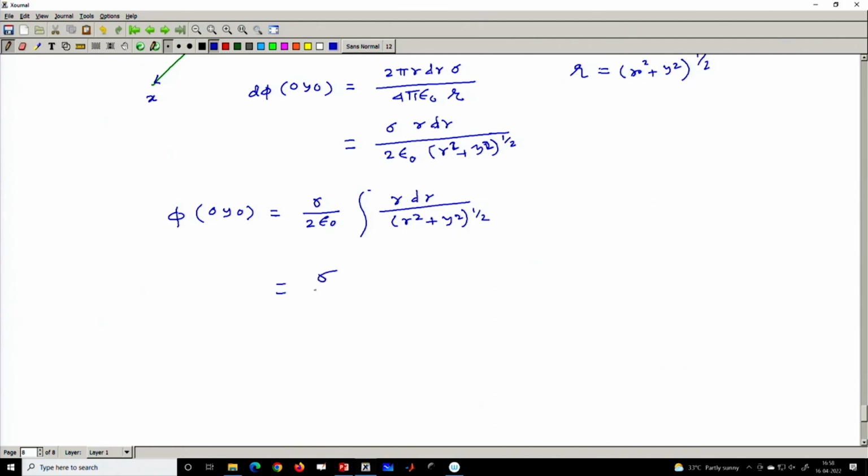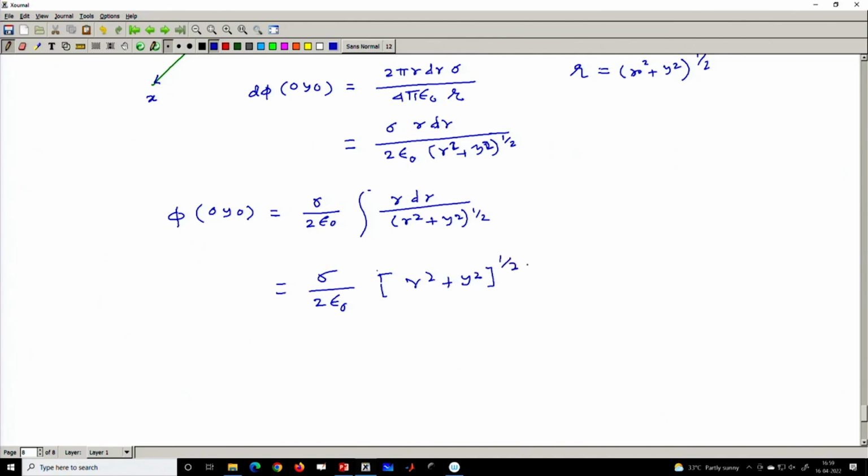It gives sigma divided by 2 epsilon 0 times r square plus y square whole to the power half.